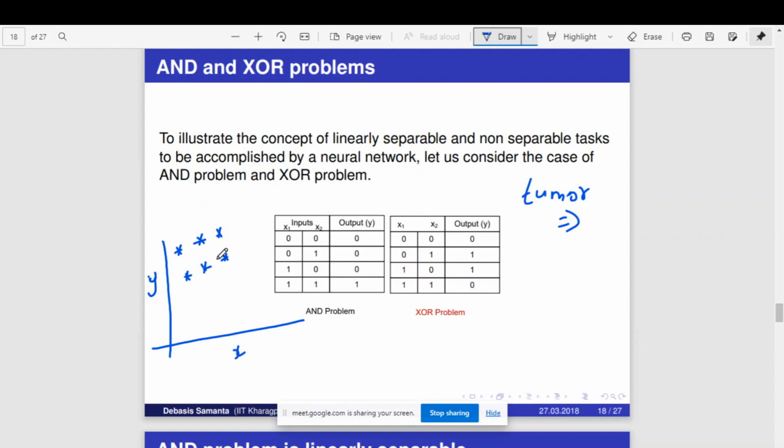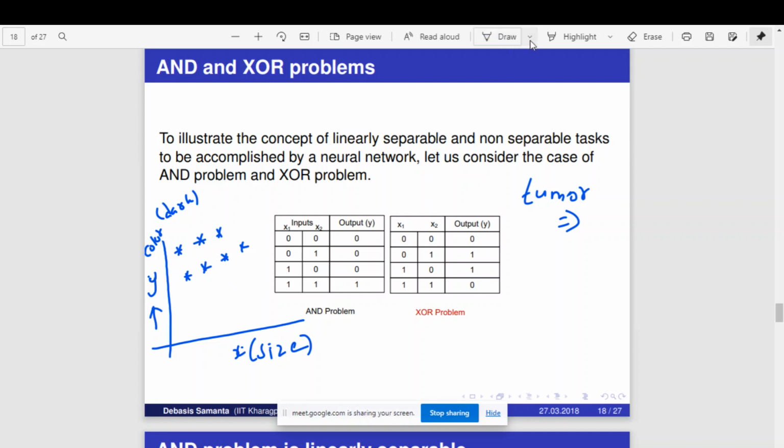This x represents the size of the tumor, and this y represents the color of the tumor, how dark the color is. If the y value is lower, the color is lighter, otherwise it is darker.